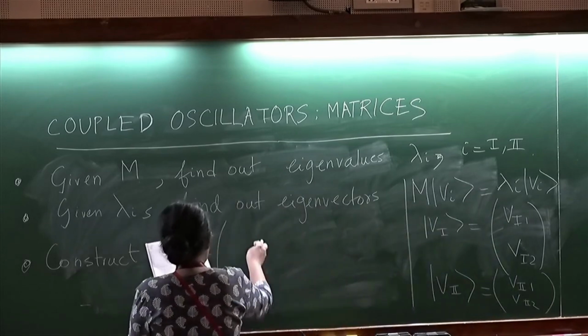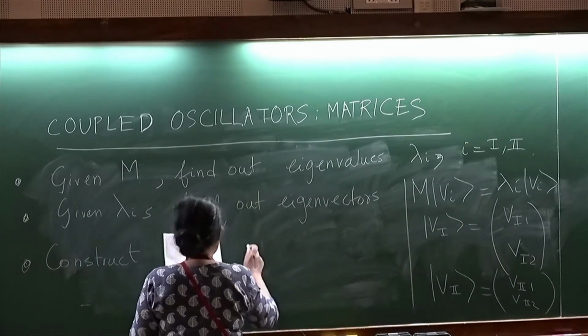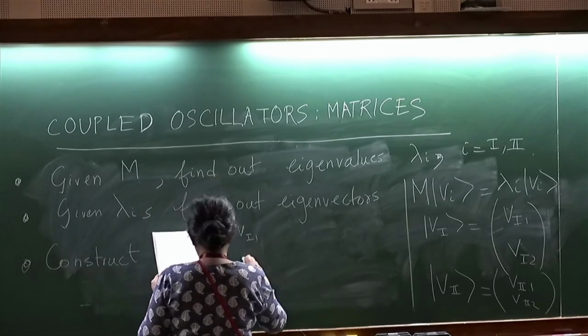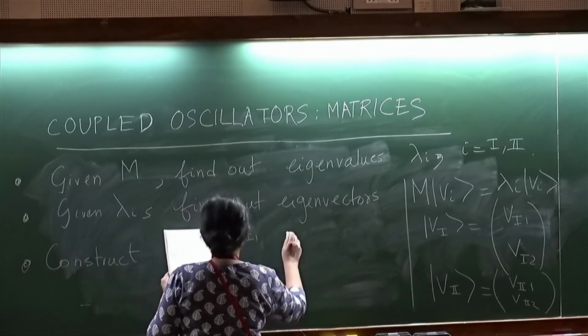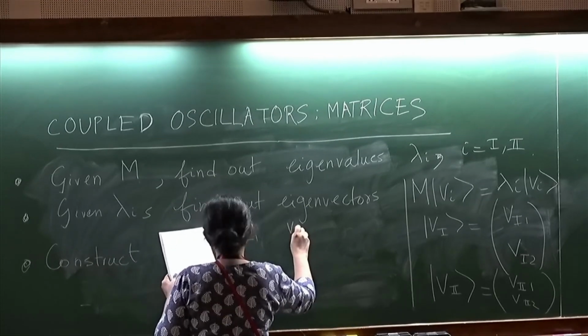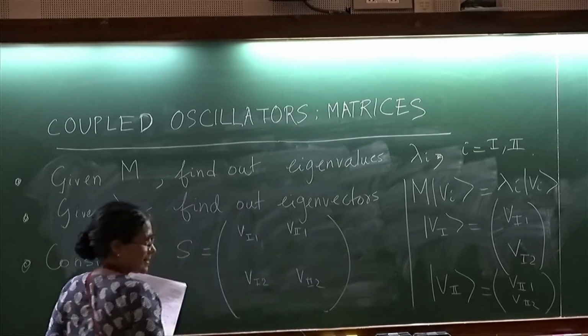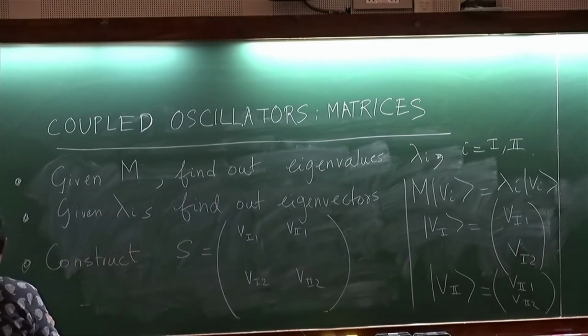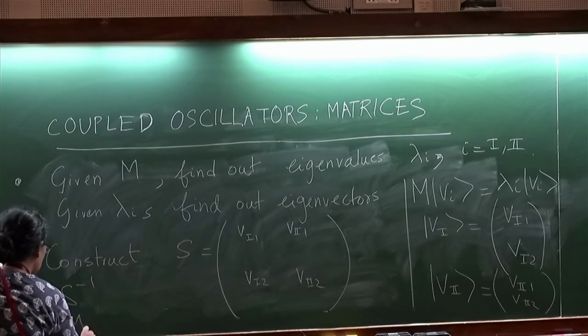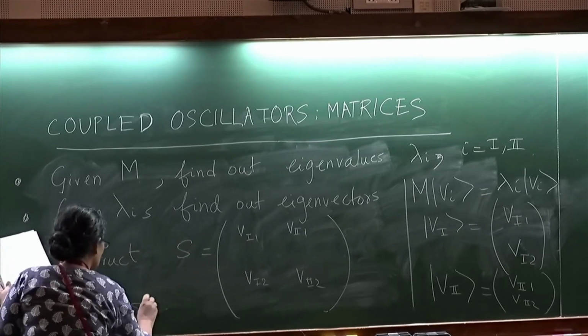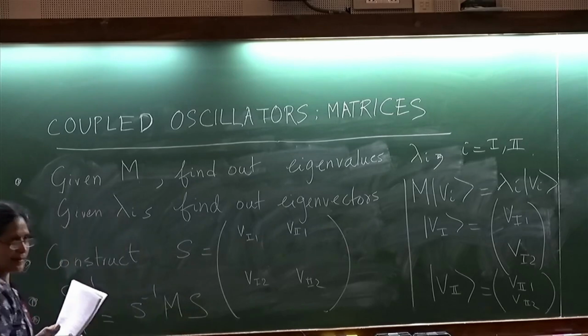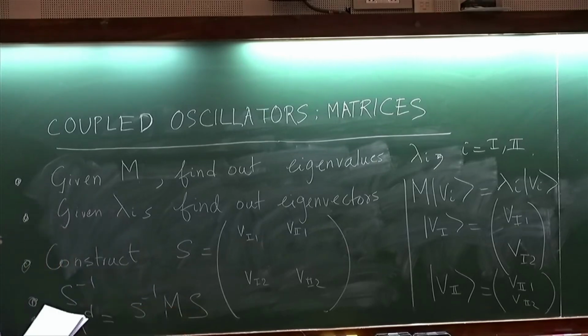So you place the eigenvectors in this manner. You have a matrix that you have constructed, and then you find the inverse of the matrix, which you know how to do, right? And then construct the diagonal matrix in this manner. So that's the diagonalization procedure.